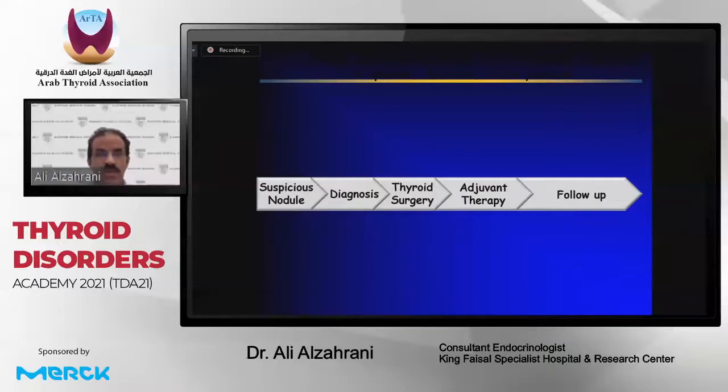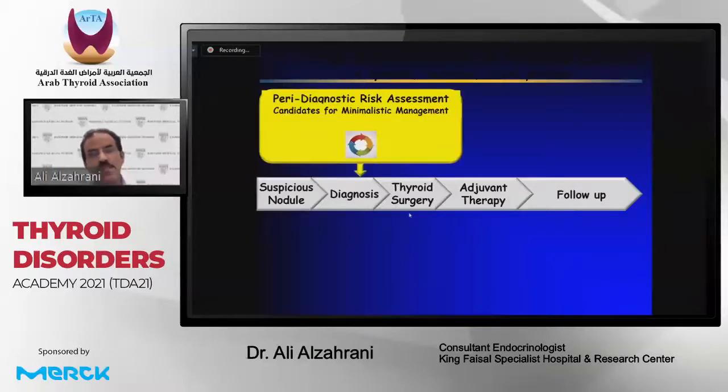When we see a patient at the time of diagnosis, at the time of evaluation of a thyroid nodule, we assess the risk actually. Does this patient need FNA? And if the FNA turns out to be malignant, does he need surgery? If he has, for example, a 5 millimeter tumor, can we follow this patient without surgery? Or if we decide to do surgery, what should we do?